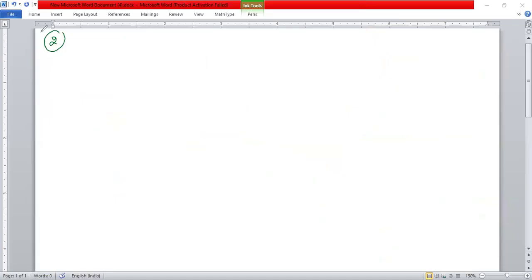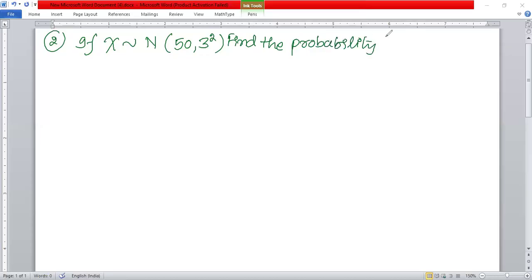Okay, problem number 2. If x follows normal 50, 3 square, find the probability that, first one, more than 47.